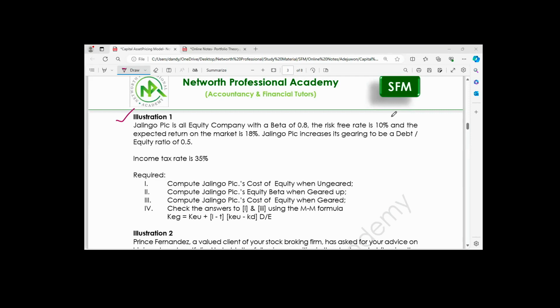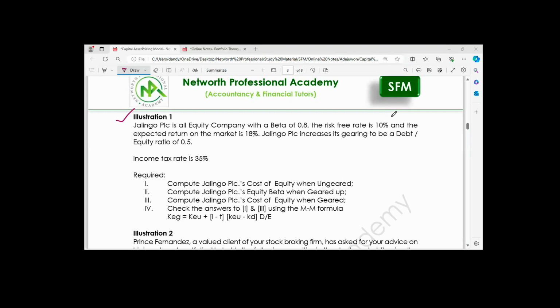You need to ask yourself what kind of cost of equity. Is it cost of equity using the dividend valuation model, the capital asset pricing model, or the Miller and Modigliani formula? All of this I've explained to you previously when we had cost of capital.